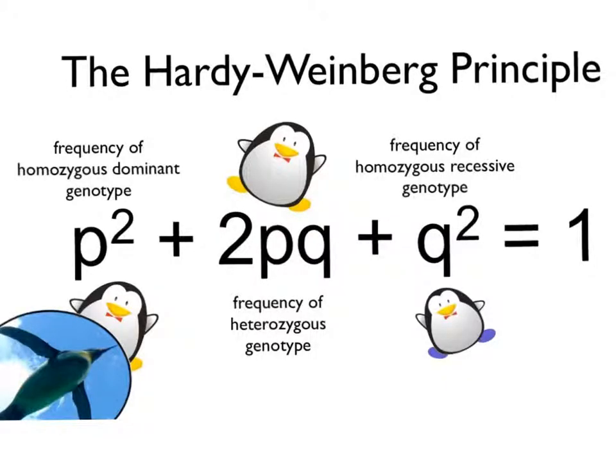Simply put, the Hardy-Weinberg Principle is stated as p squared plus 2pq plus q squared equals 1, where p squared equals the frequency of the homozygous dominant genotype, 2pq equals the frequency of the heterozygous genotype, and q squared equals the frequency of the homozygous recessive genotype.